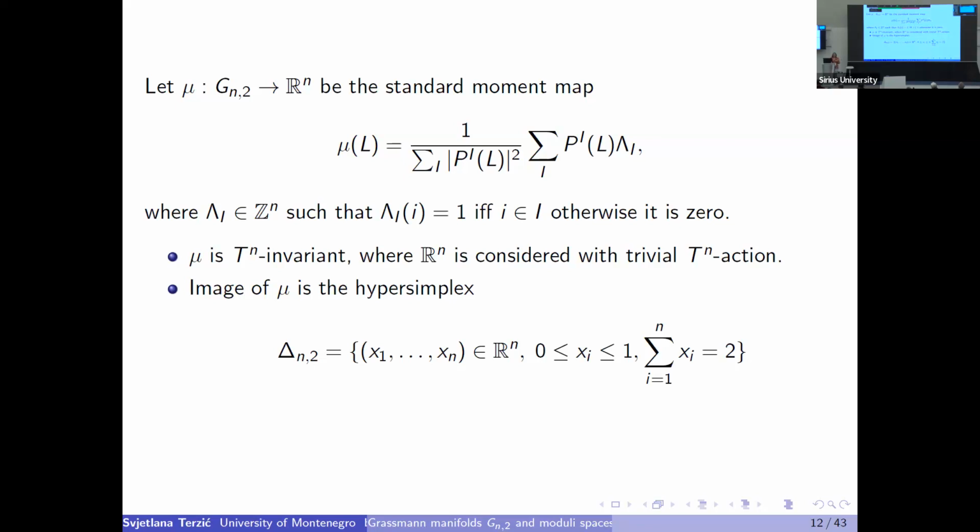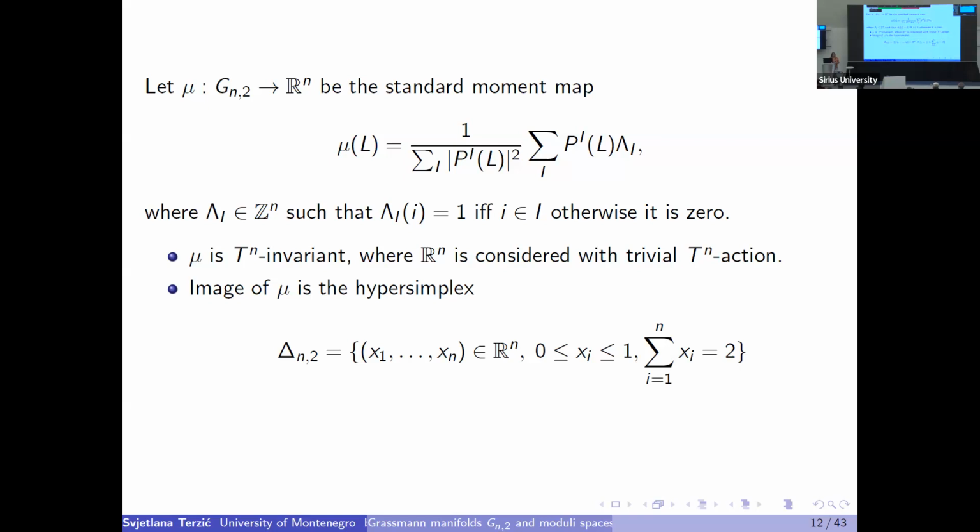And then using Plücker coordinates, we form a convex combination of these vectors lambda_I, with norm here. This map mu is T^n invariant, where R^n is considered with trivial T^n action. And the image of this mu is the hypersimplex Delta_{n,2}.